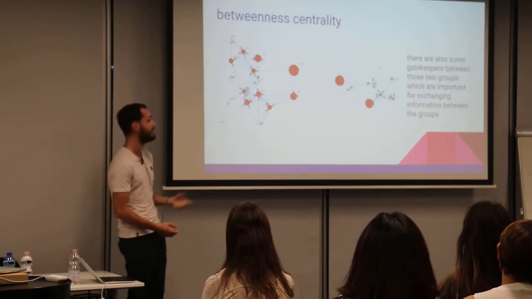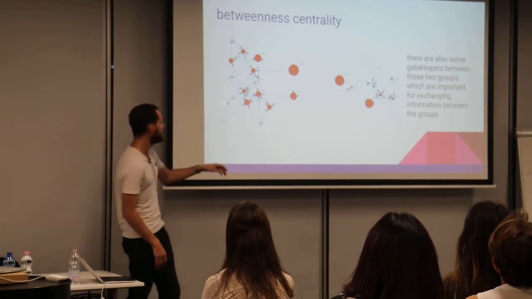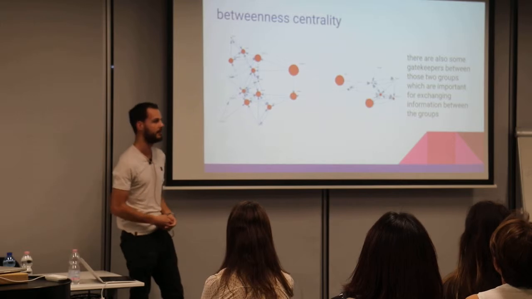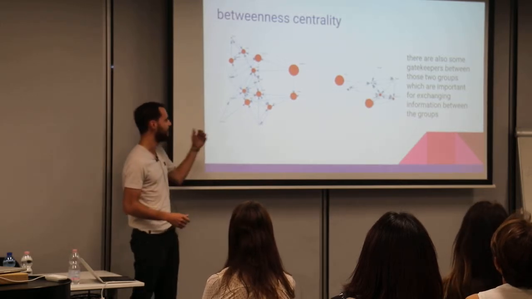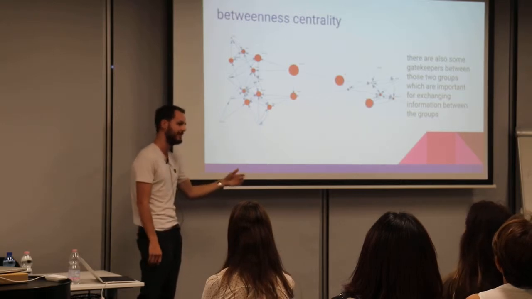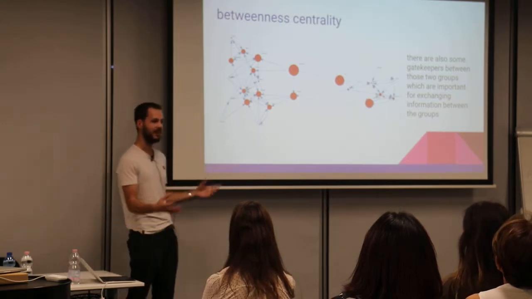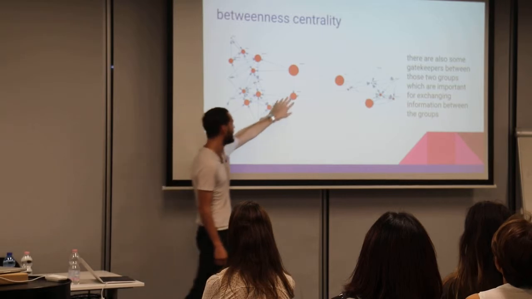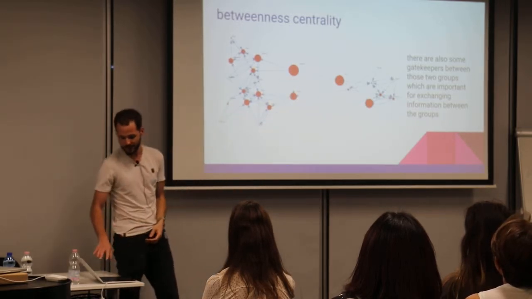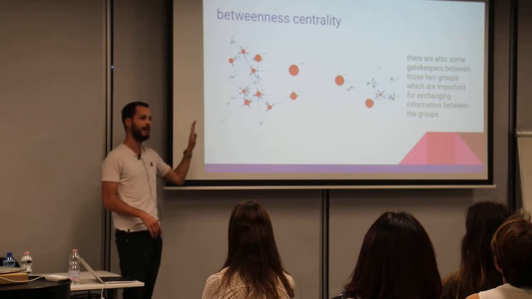So you can extract a lot of information out of that. Another one that's important, when I do the betweenness measure, suddenly those nodes connecting those 2 groups become important. Because when you want to send information to another group, if you want to do group activities, if you want to go on a vacation with the class, you need to have the whole group together. So you need those nodes to communicate between those 2 groups. And this is something that can be sourced from any kind of data.